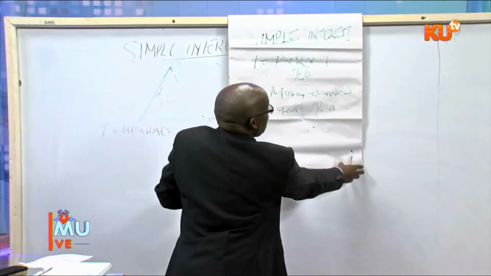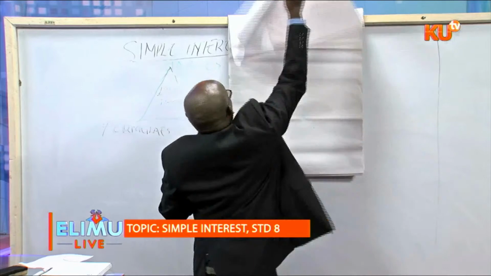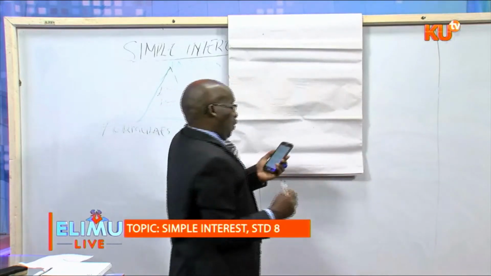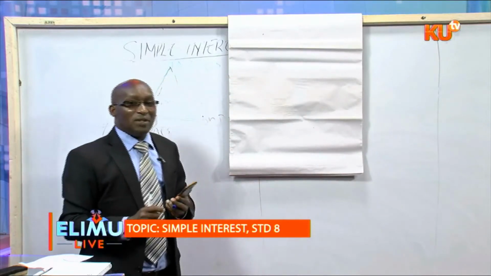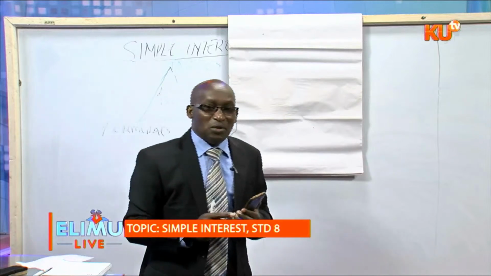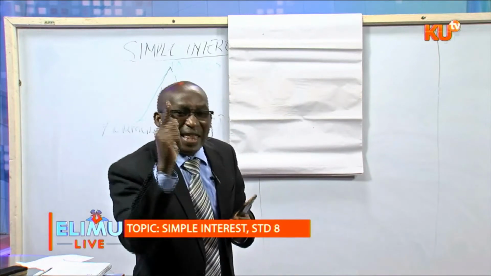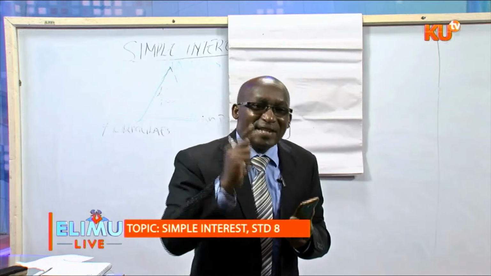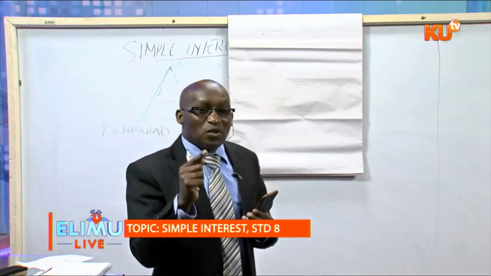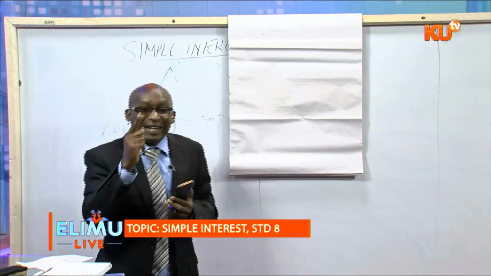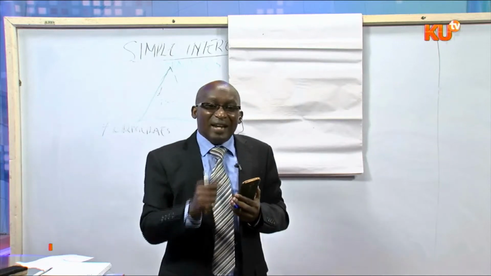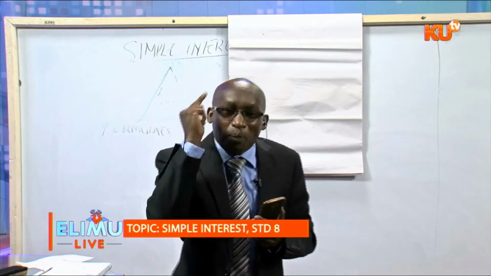So to answer this particular question, when you are answering this kind of question, the first thing you are supposed to do is to read the question and understand. Don't try to attempt the question when you have not read the question and understood the question properly.